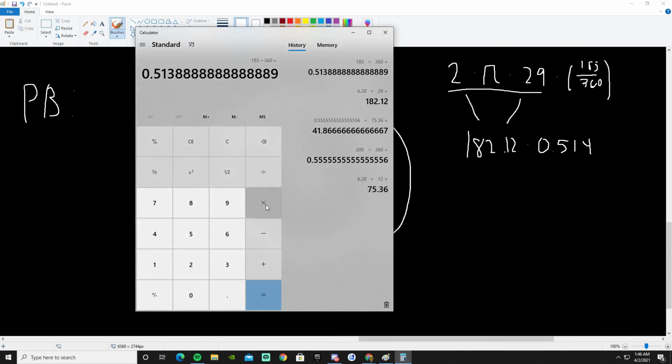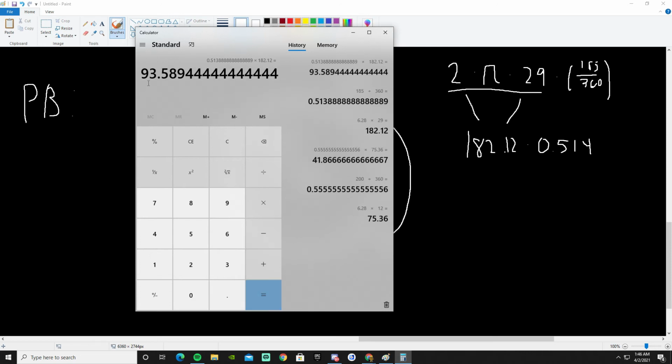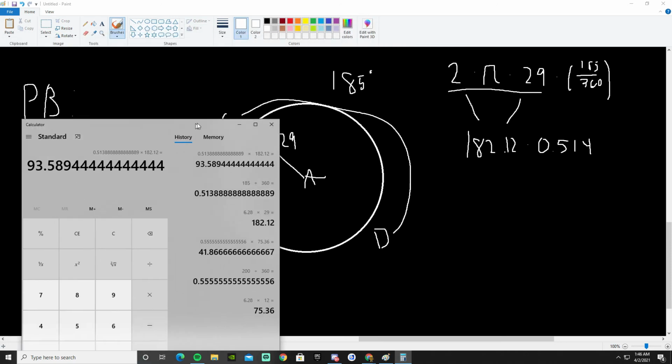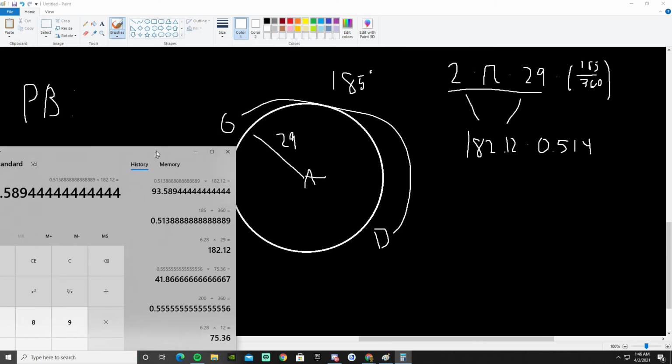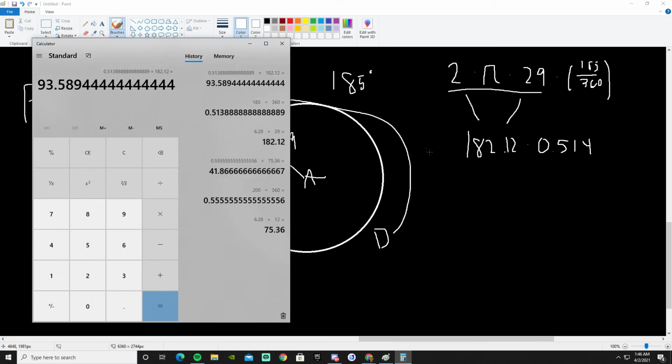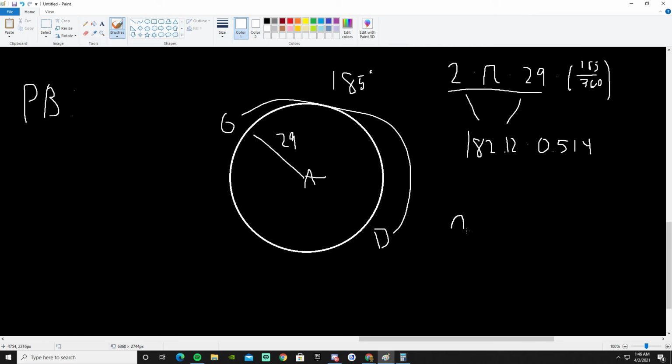And then you would multiply these, 182.12 by 0.514, and that would be your arc measurement. So the major arc GD would be 93.5, that's how you would draw it.